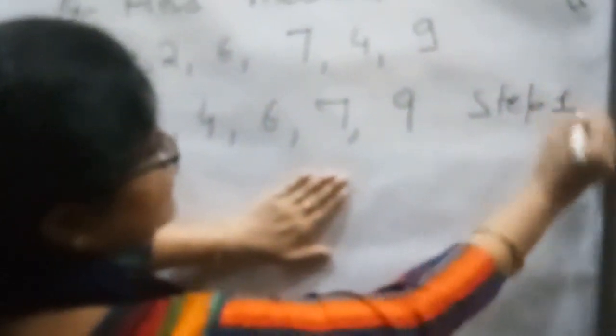Just see here. Firstly, I am going to write in ascending order. That means 2, then 4, then 6, then 7 and then 9. This is our first step. Step number 1. Clear? Now just count it. 1, 2, 3, 4, 5.